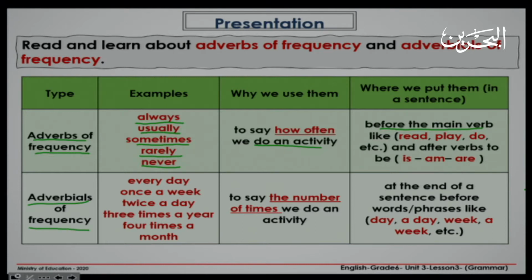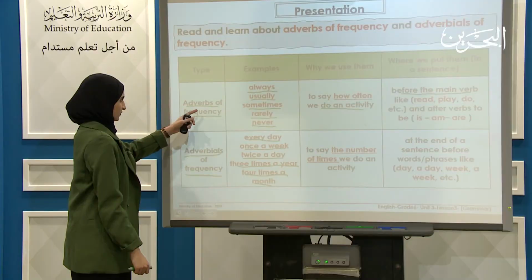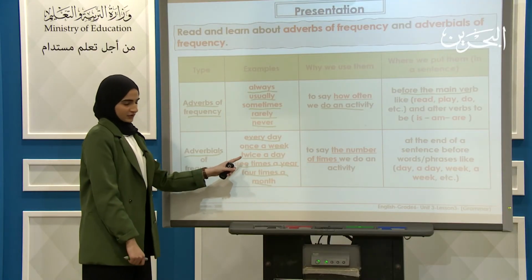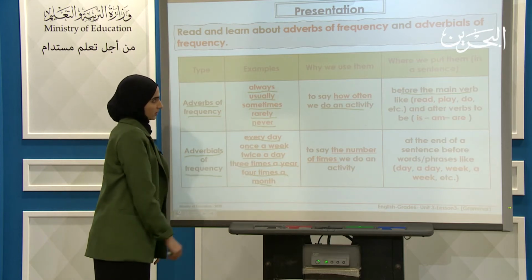Now let's move to the adverbials of frequency. We have here some examples like every day, once a week, twice a day, 3 times a year, 4 times a month. As you can see, for the adverbs of frequency, we have only one word, and for the adverbials of frequency, we have more than a word.